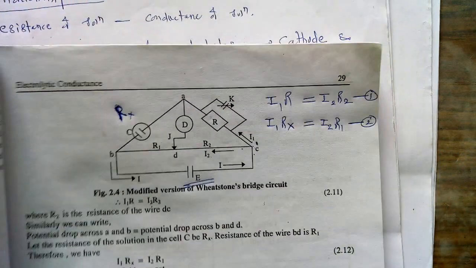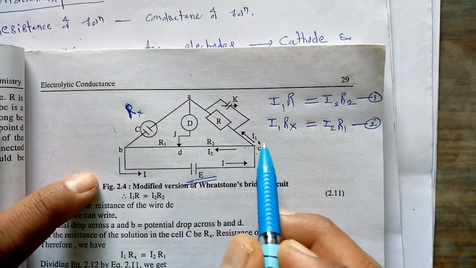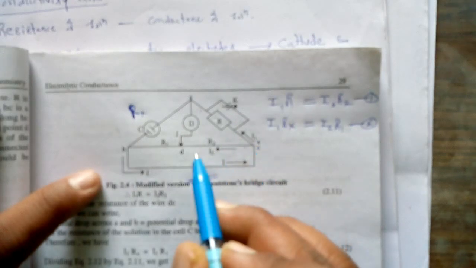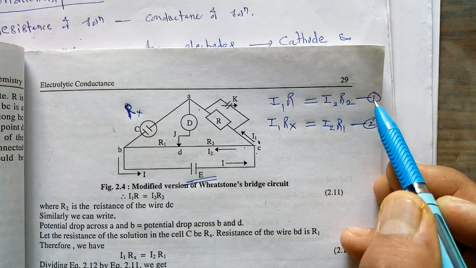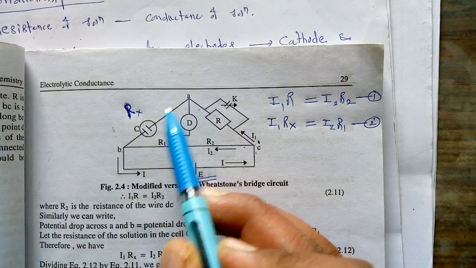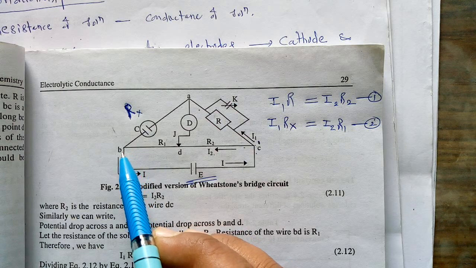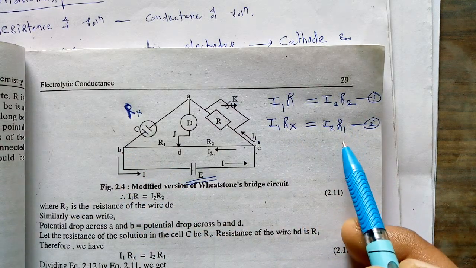So in this case we write the two different types of potential drops. One, across CA equal to CD, that is I1 into R equal to I2 into R2, equation number 1. And in the second case, the potential drop across AB is equal to the potential drop across BD, that is I1 into Rx equal to I2 into R1.